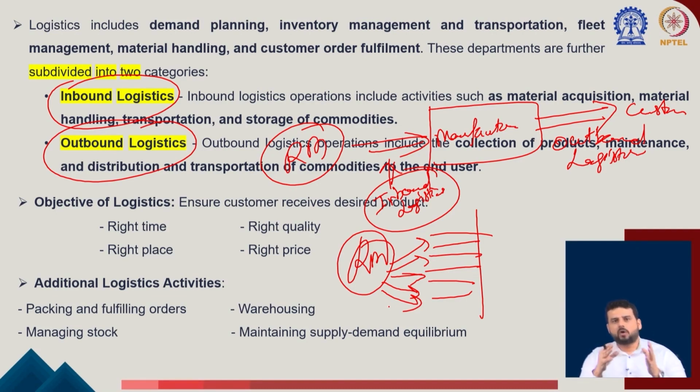Outbound logistics covers the same 3 functional areas: transportation, distribution, and storage in between. Here one very beautiful concept I will try to highlight.